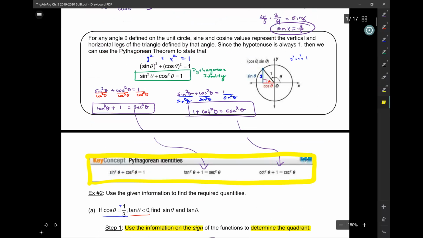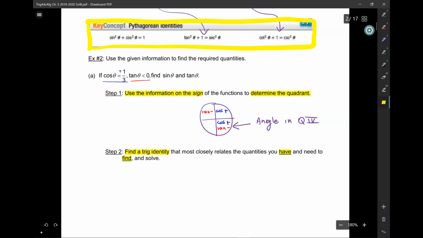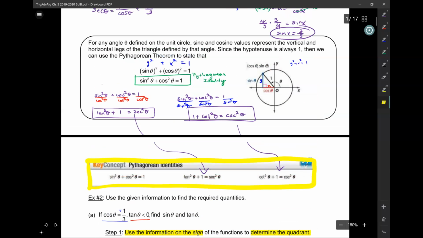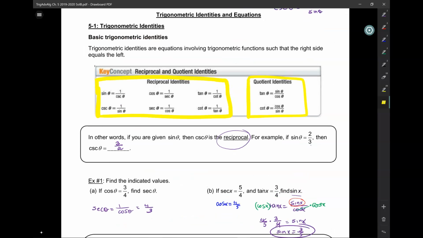So now we have to go back in our list and find an identity that relates what we have to what we need, and you can't have anything else in the mix. So I have cosine, I need sine. Look, here is an identity for the tangent that relates cosine to sine.